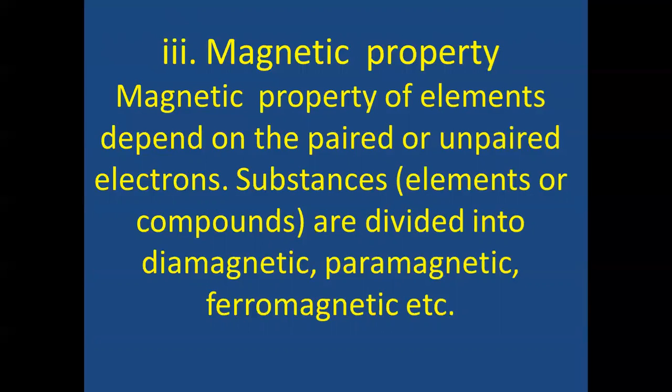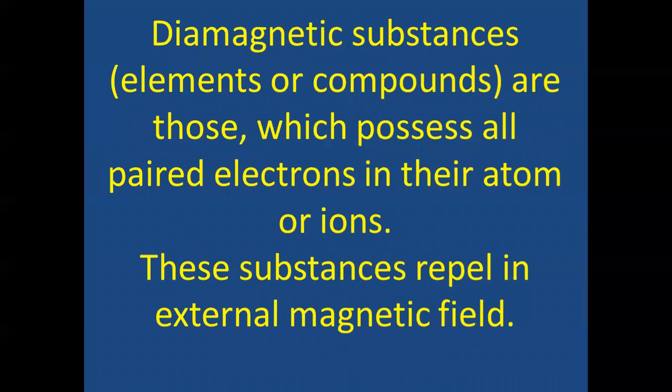Therefore, when we have such a situation where we assume that the magnetic property is due to spinning of electrons and paired electrons will not show any resultant magnetic moment, then we will have two types of substances on the basis of magnetic properties.